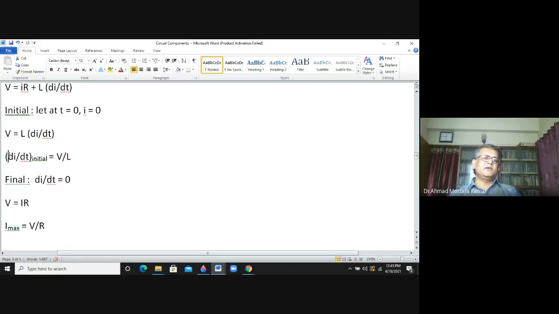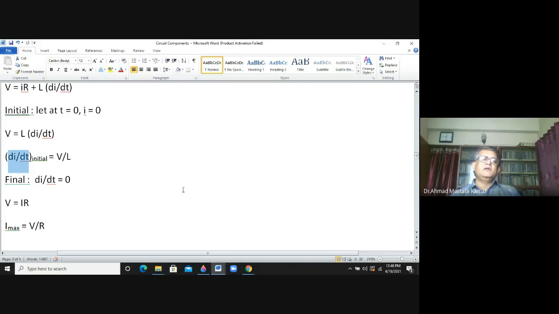This quantity gives you the rate of change of current. We are saying in this case rate of increased current. So rate can be two types, like it can be increased rapidly or it can be increased slowly.